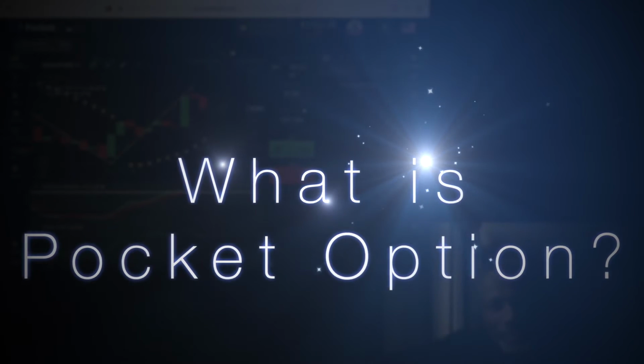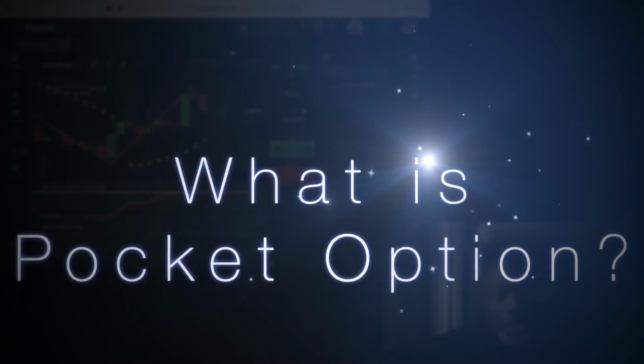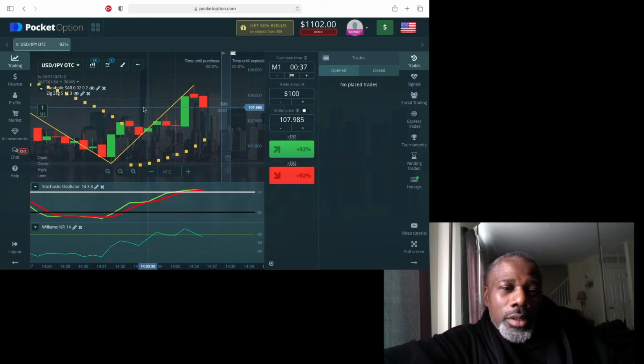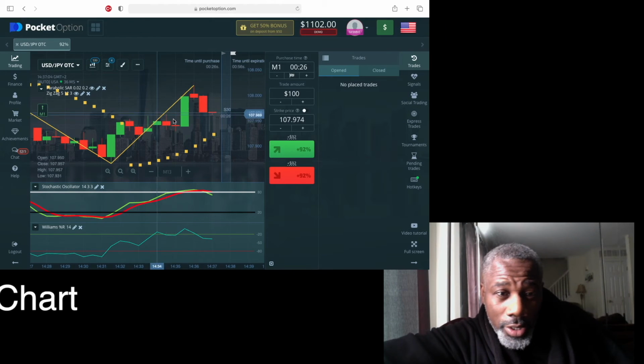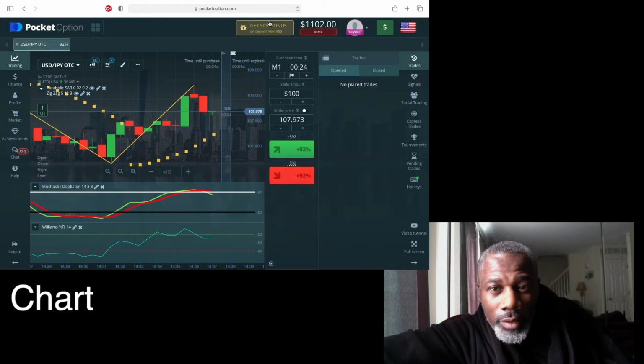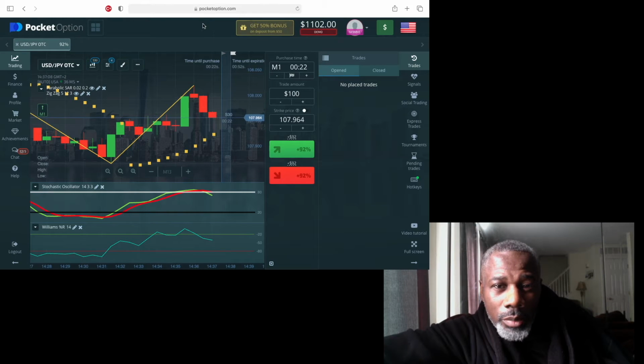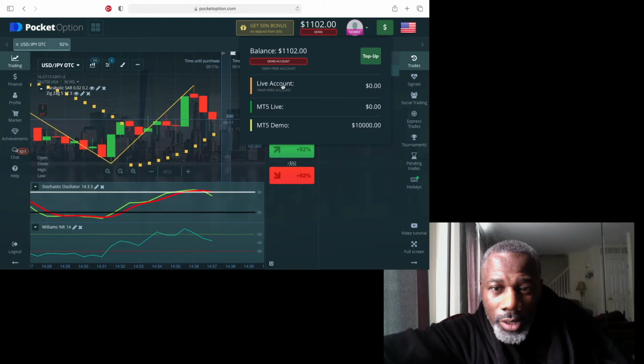What is Pocket Option? Pocket Option is a platform that trades Forex trading, and this term is considered hyper Forex trading. As you can see, this is the chart area, and this particular platform has a live version and also a demo version.